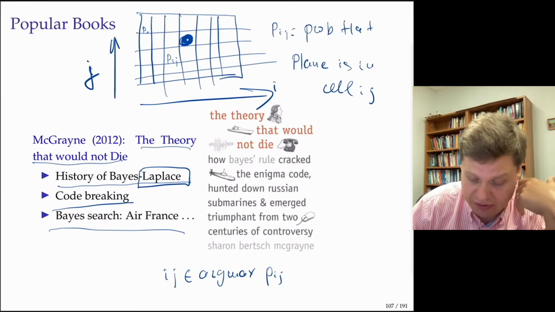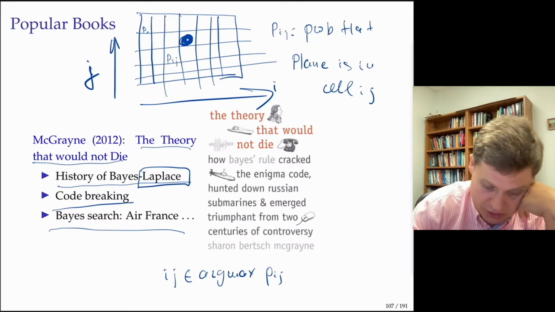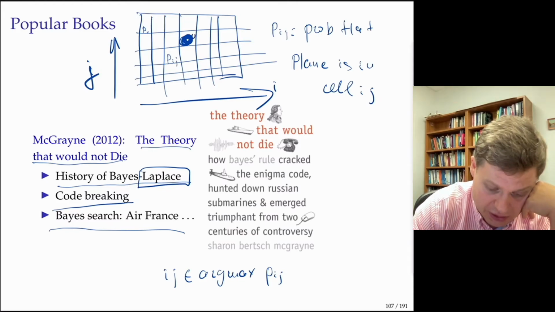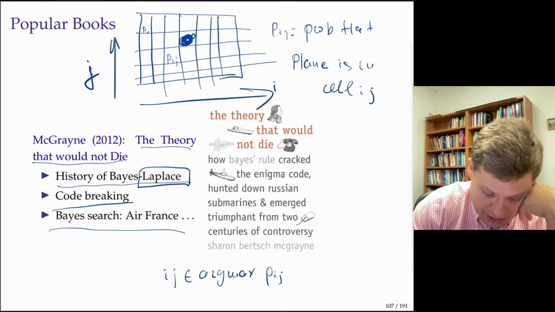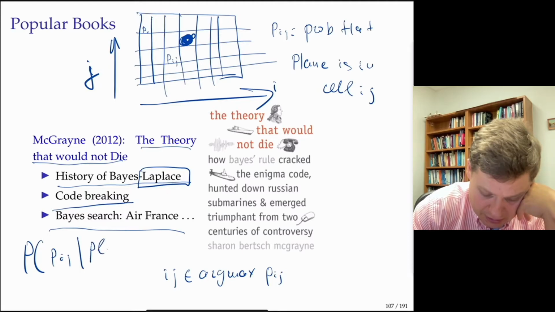Then you use this information to update all of the p_ij. So what you do is assign probability 0 here, and then you update the probability p_ij for each ij, given that the plane was not found.